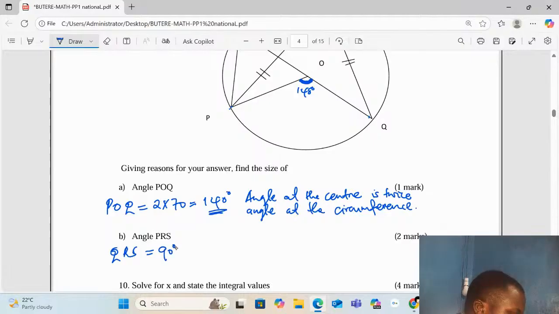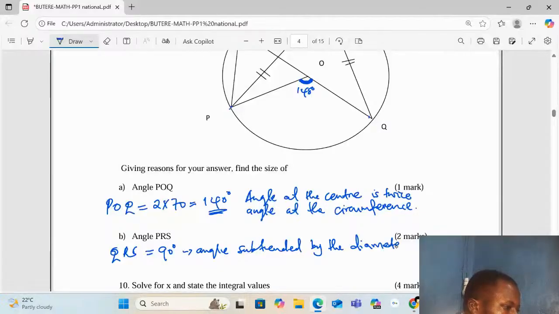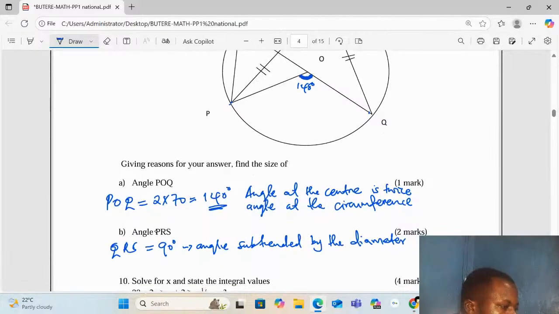We know that angle QRS is 90 degrees, the angle subtended by the diameter. Therefore, to get angle PRS, PRS is going to be 90 minus 70.